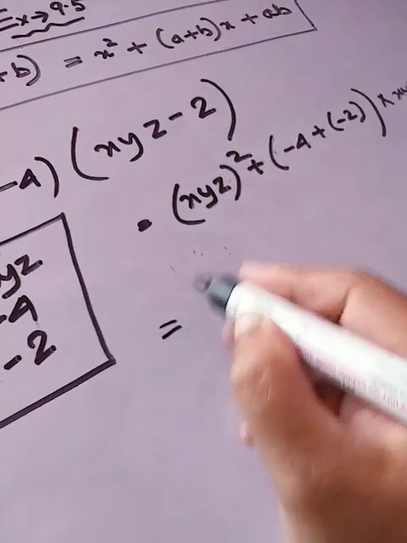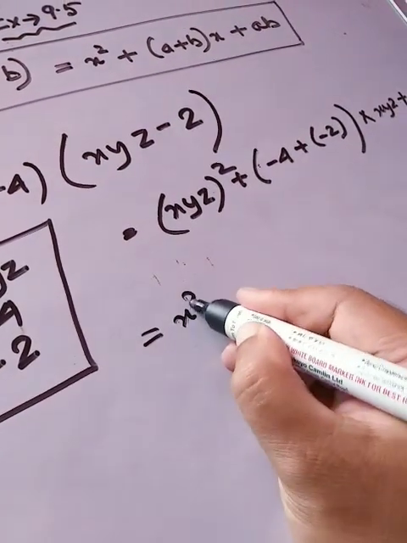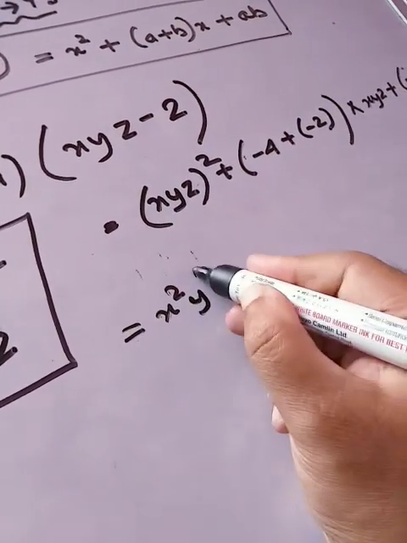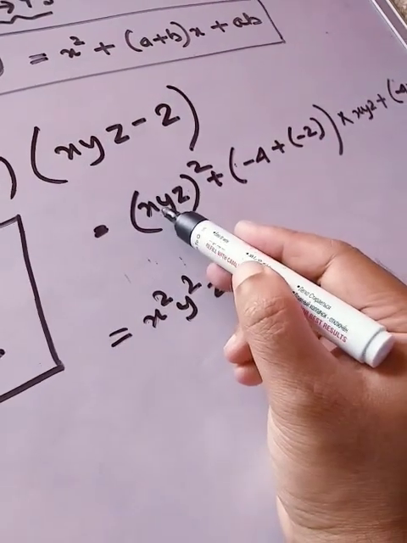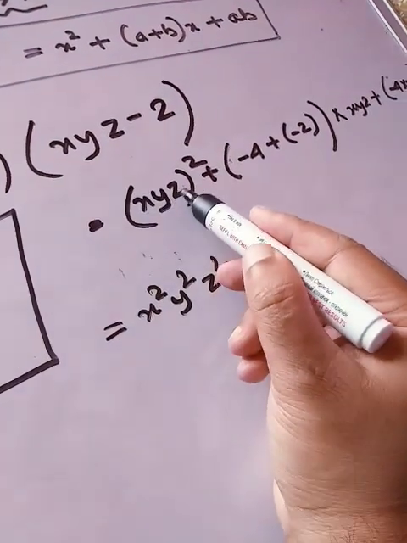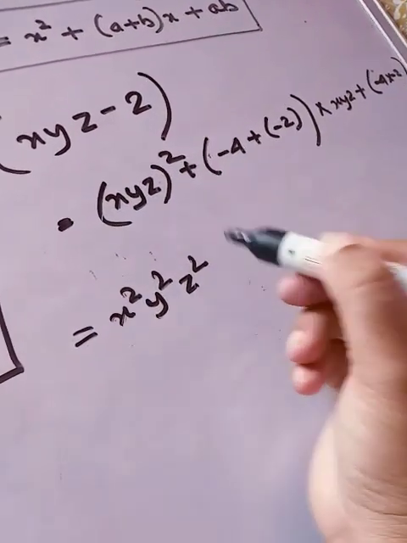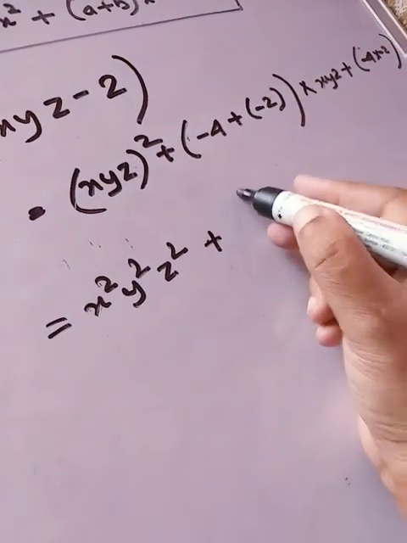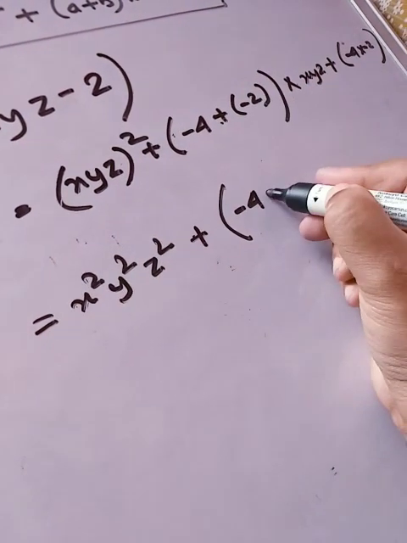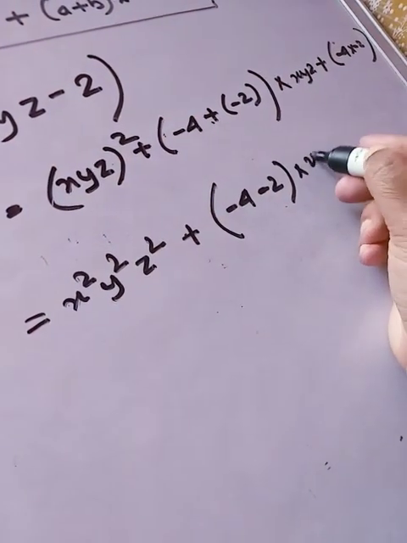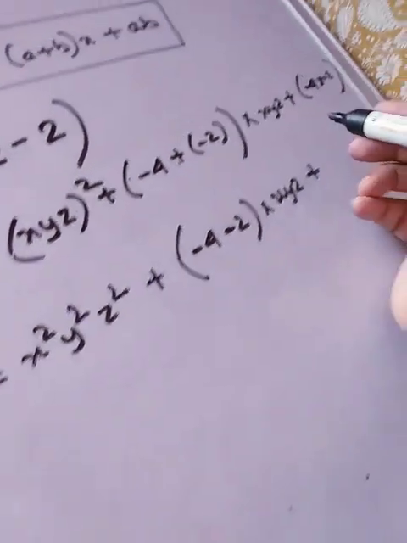Okay. Now what is the square of x? x square. What is the square of y? y square. What is the square of z? z square. Understood what I did? You did the square of all the elements present inside the bracket. Now add it up. First open the bracket. Plus minus is minus 2 into xyz. Now what is the product of this?